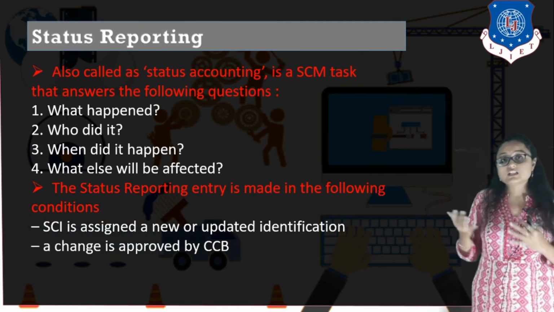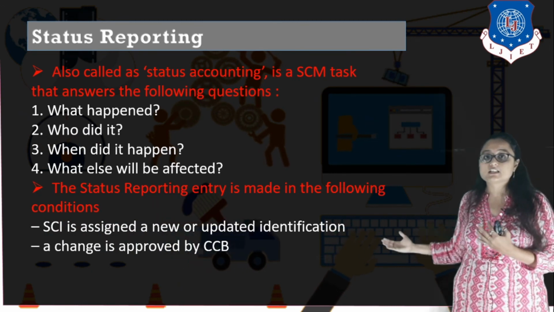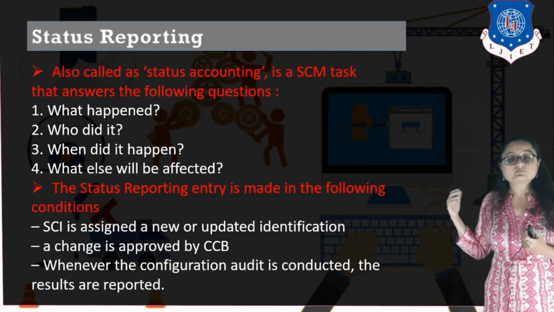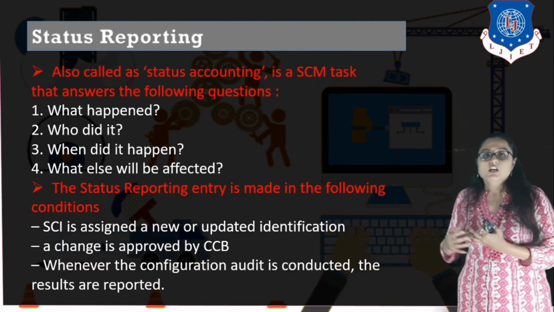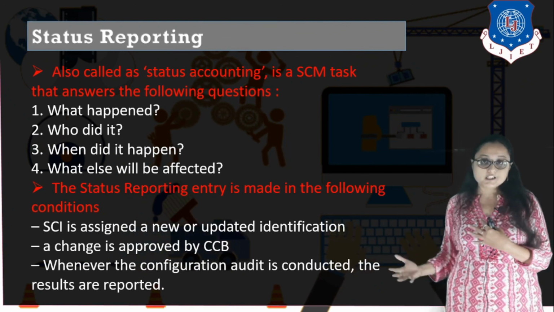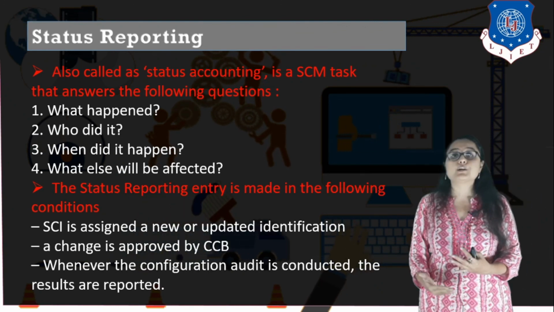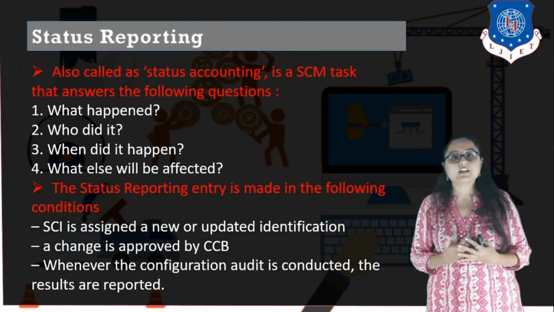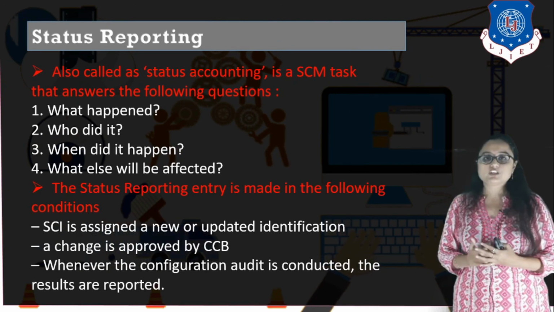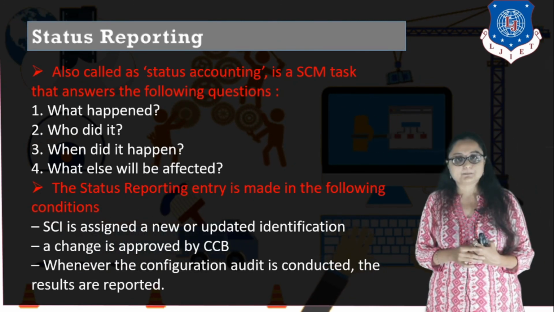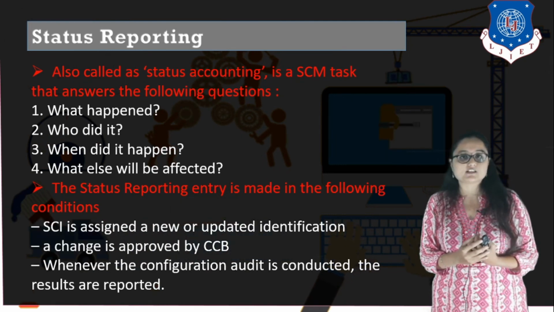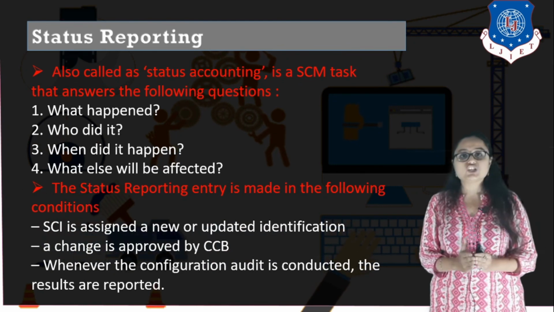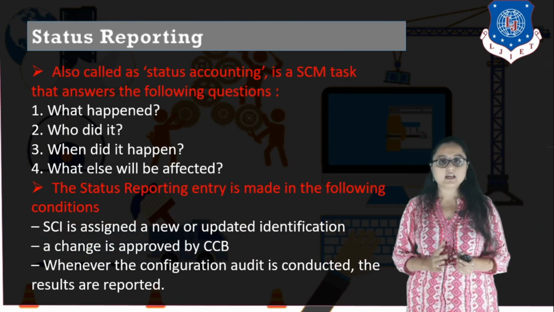Also, all the changes which were approved by the CCB, the change control board, all that documentation should be reported, and all the results, that is, when the audit was performed, when the formal technical review was performed, and the overall report that was generated by the auditing team, that report should also be given to the higher authority or project manager, and it should be kept in the database, right? That database may be an online database, so that we get an idea that we have proper documentation of every change related to every version, right?